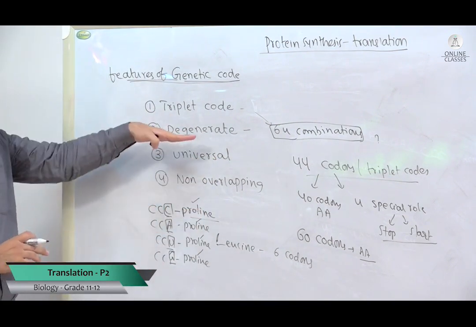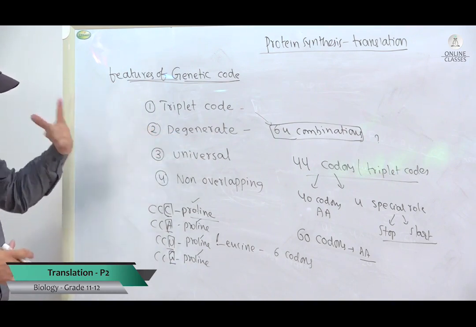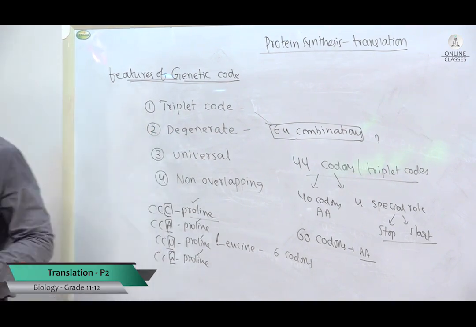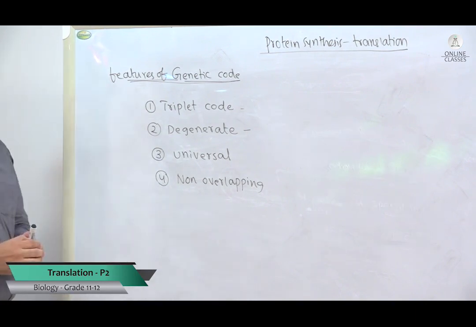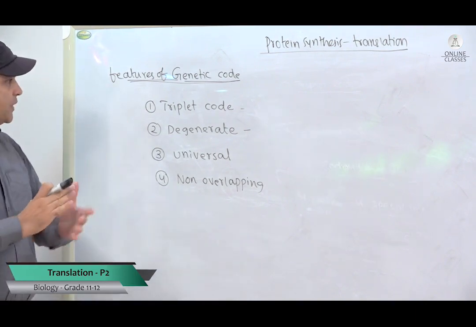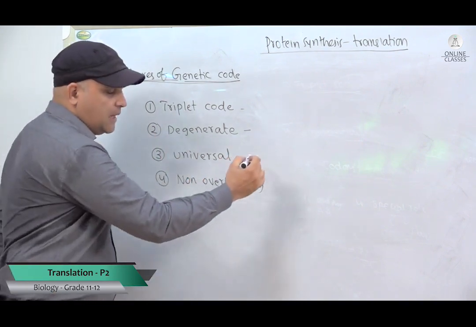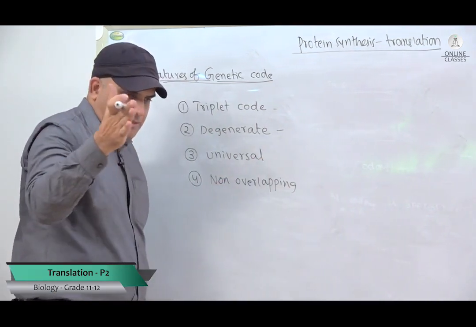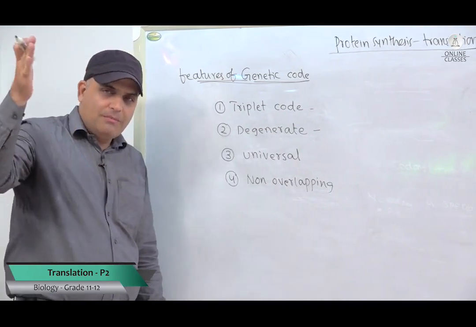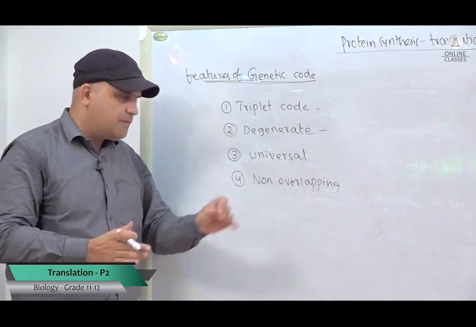So that's called a degenerate code, which means each amino acid has more than one codon. The next feature of our genetic code is universal. Universal means all the organisms, starting from a bacteria up to human beings, they all follow the same genetic code.